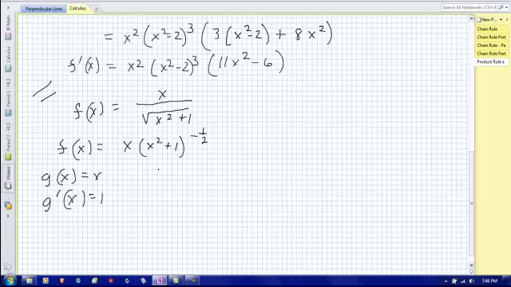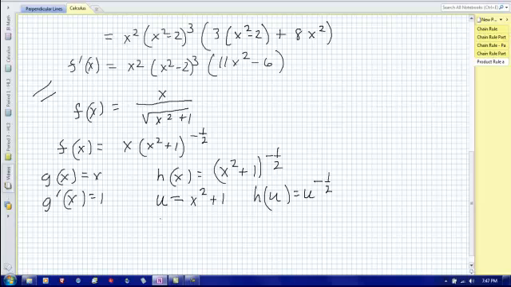Now our second function, h of x, is equal to x squared plus 1 to the negative 1/2. Okay, we have an inner function, the x squared plus 1, and the outer function, we'll just rewrite h, make it h of u, is equal to u to the negative 1/2.